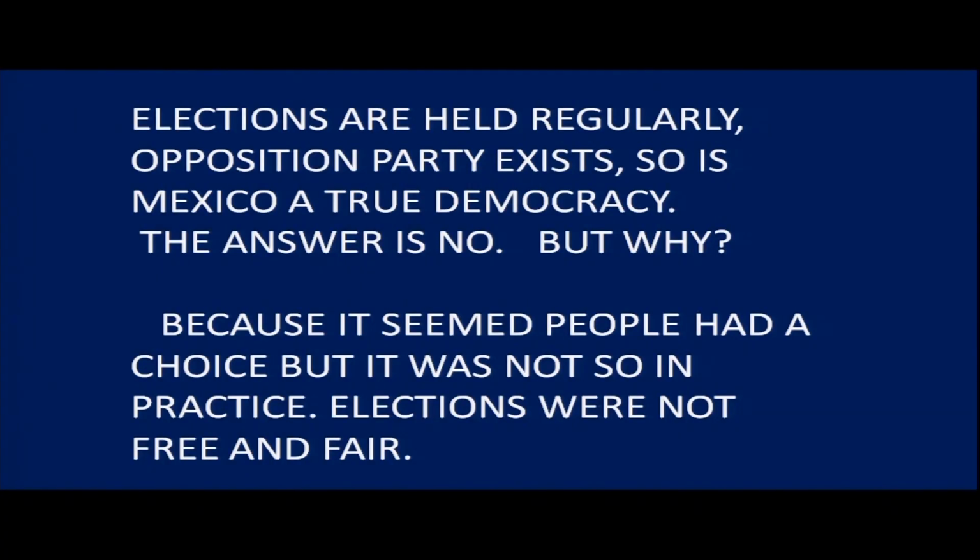So we see that the PRI was coming to power by using unfair means, which should not be permitted in a democracy. In Mexico, we see that unlike China, there was an opposition party. Elections were held. The people had choices, but even then, we cannot term Mexico a true democracy. Why?